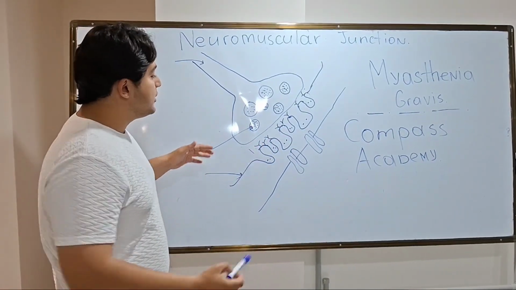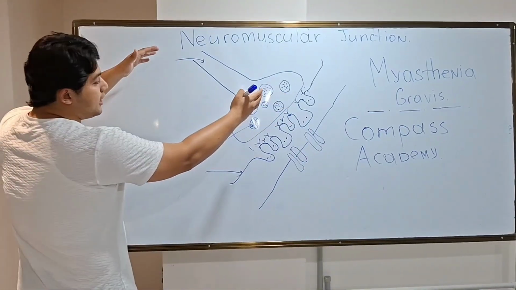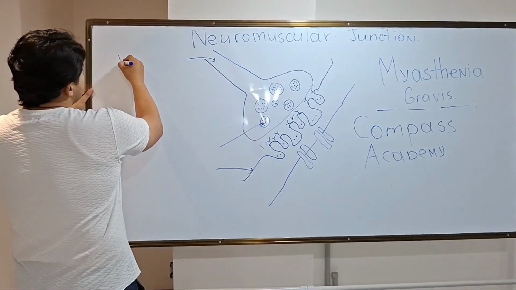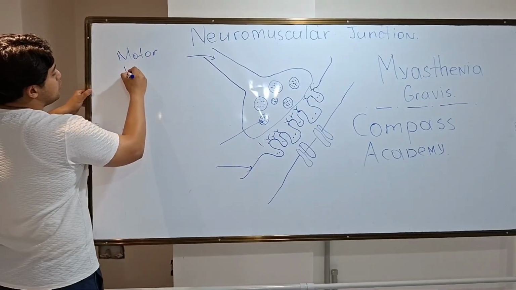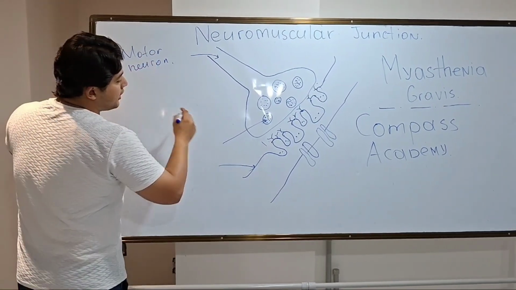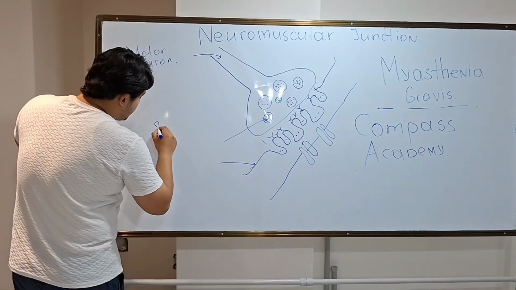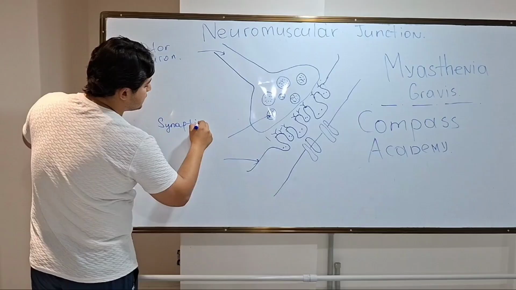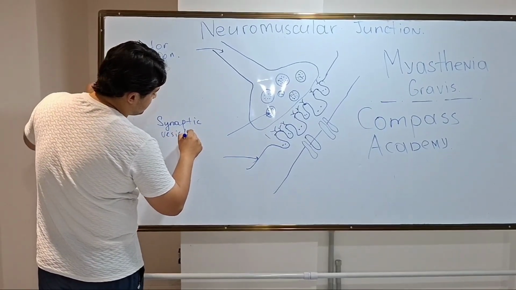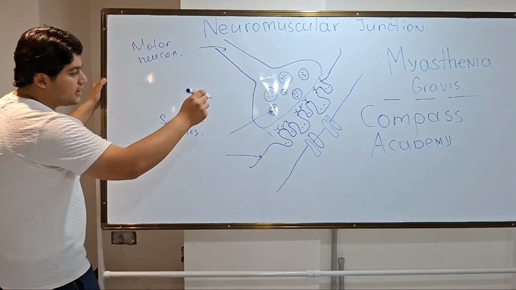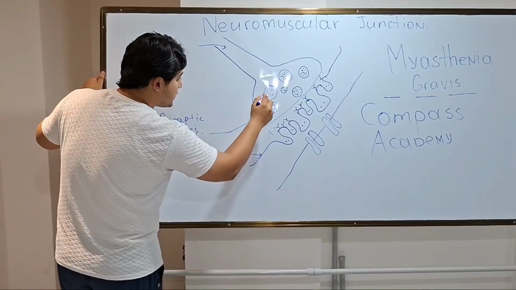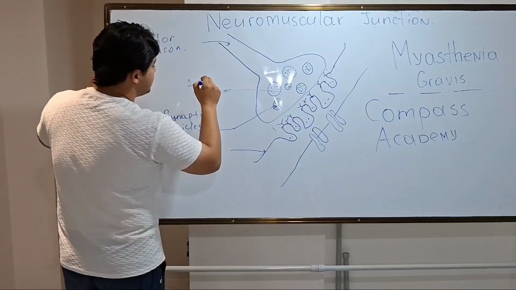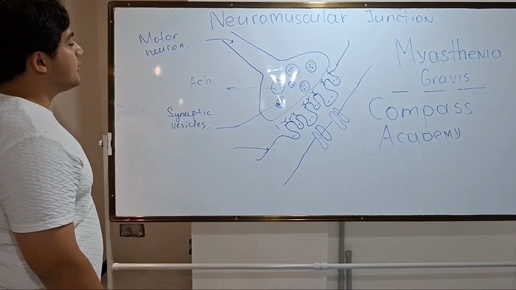First of all, this is the neuromuscular junction, and basically, this is the motor neuron, and these are synaptic vesicles. Inside the synaptic vesicles, we have acetylcholine, ACh.